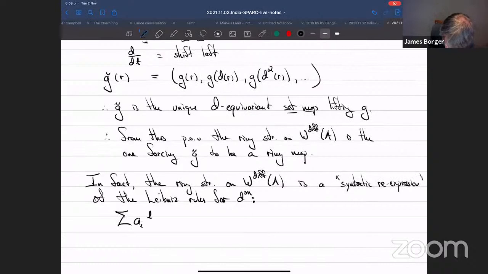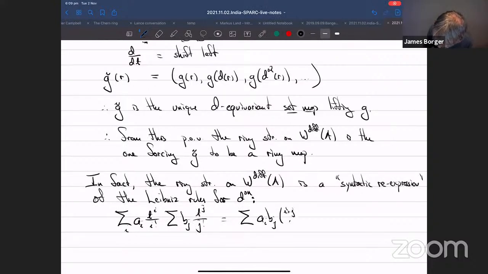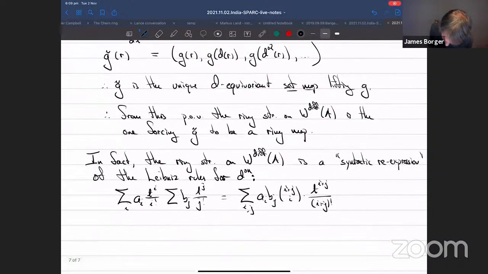If you take the product of two power series, of course, this is the sum over a_i b_j, (i+j choose i), times t to the i+j over (i+j) factorial.